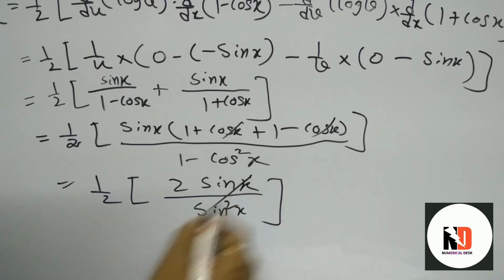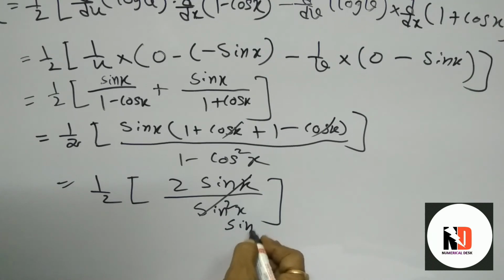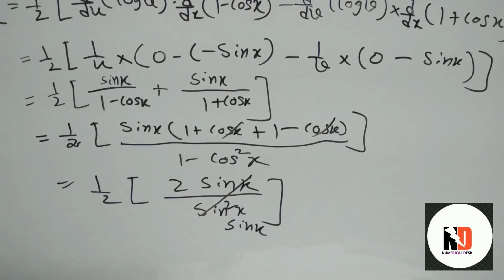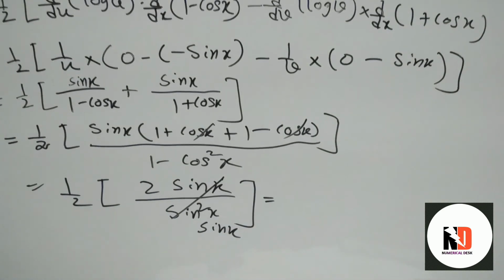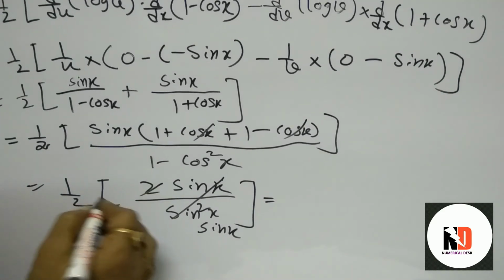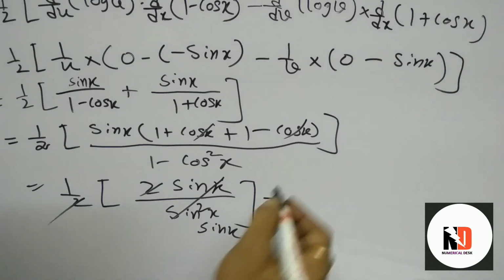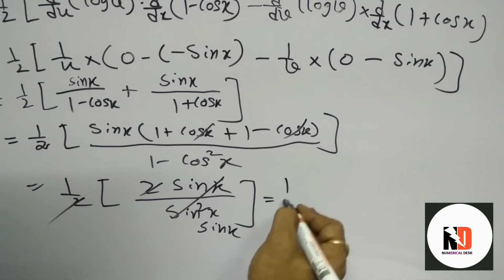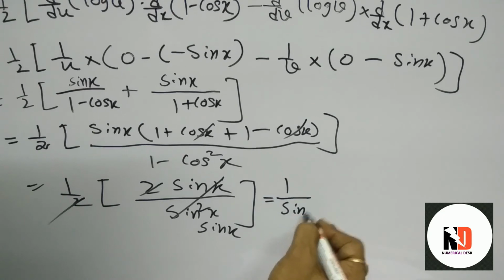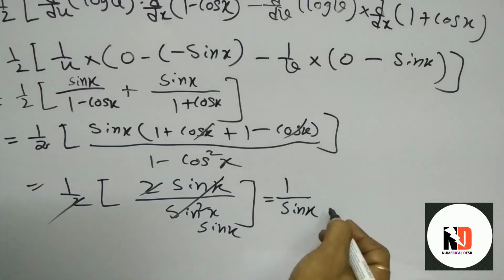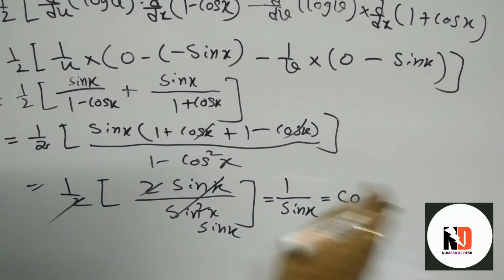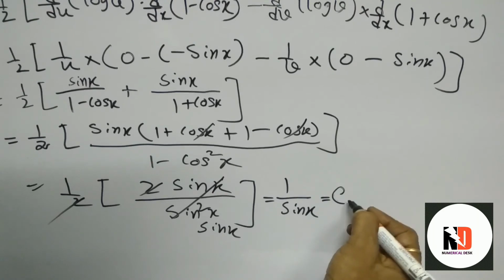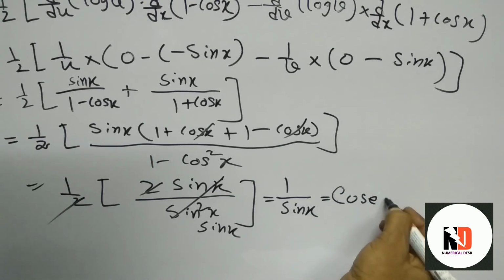So the 2 cancels, sin x cancels, and also the 2 inside and outside the fraction cancel, so 1 by sin x remains. So you know 1 by sin x is equal to what? Cosec x. So this is the answer. Cosec x is the answer of this sum.